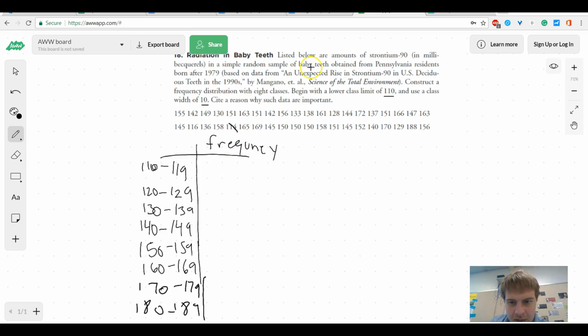So there's at least 1, 2, and I don't see any more. So we have a frequency of 2 there. Now, this just becomes a game of searching. So, there's at least 1.